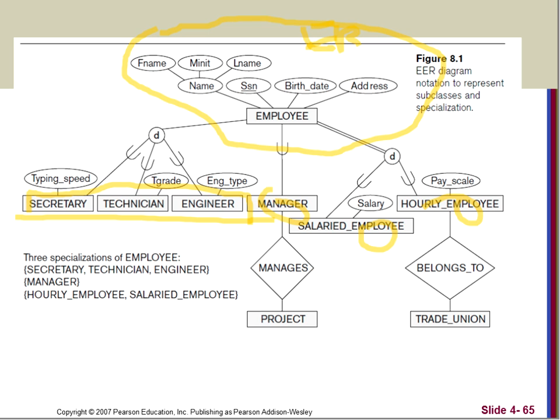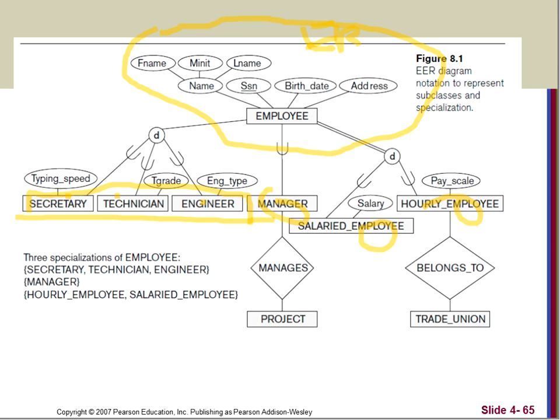How can we extend the ER diagram? Using subclasses. It's the same as the class concept you learned in object-oriented concepts. The superclass is kind of the parent, and the subclass is kind of the child. Don't be confused: secretary, technician, and engineer are not separate entities. They are sub-entities, subclasses of the employee.